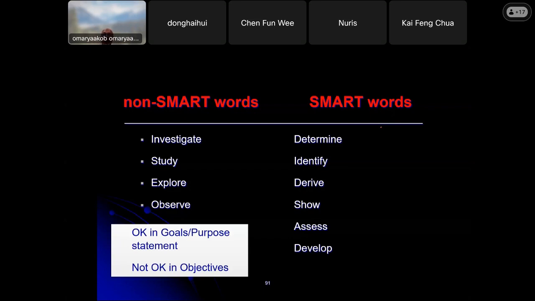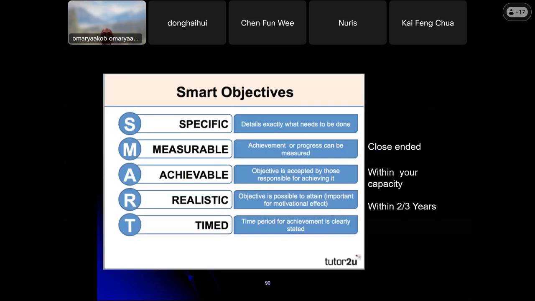But when you write your objectives, you cannot use those words, because those words cannot be measured. They are not SMART. Investigate is not specific, because you may investigate something, but until when? How are you going to measure that you have done your investigation? The ending for investigation is not there, nor for exploration or studying. You cannot measure at the end, I have studied. You may study that within 2 weeks or 2 years or 20 years, you keep on studying.